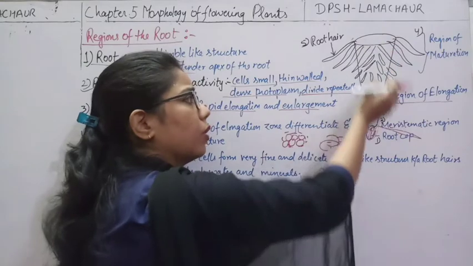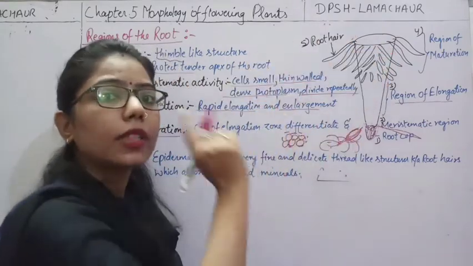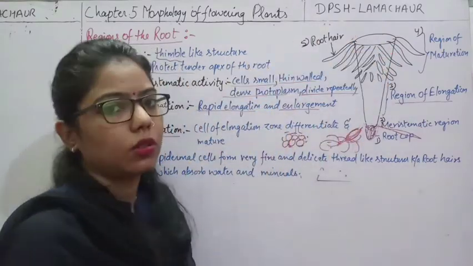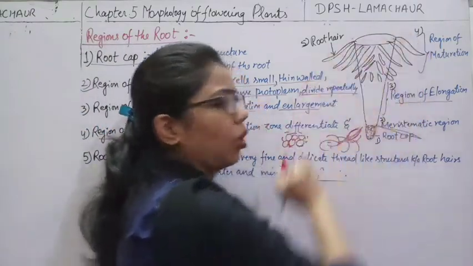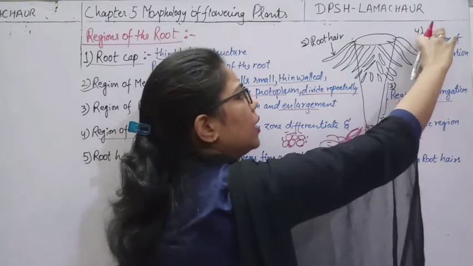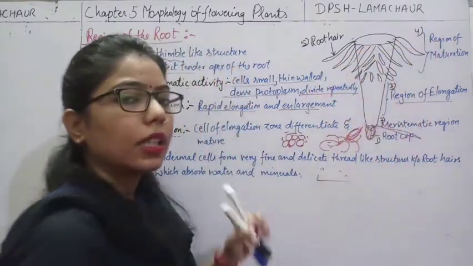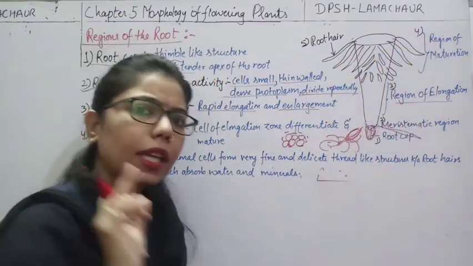As you move further, the activity of cell division will get reduced, and due to this they will get matured. So this region is the region of maturation, where the cell division activity will be less.